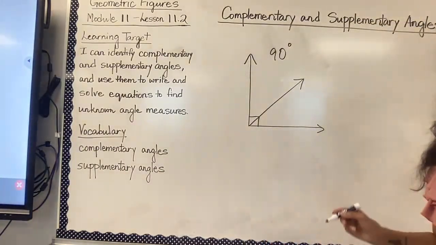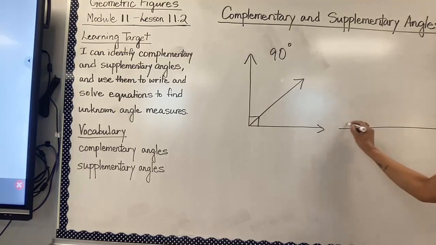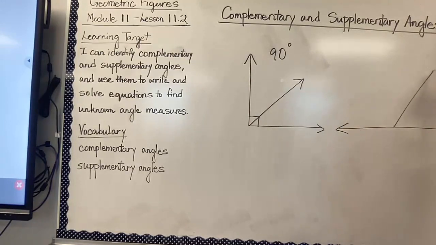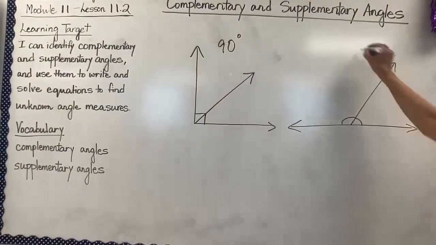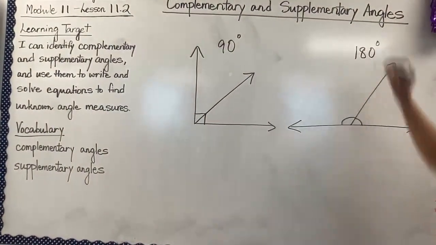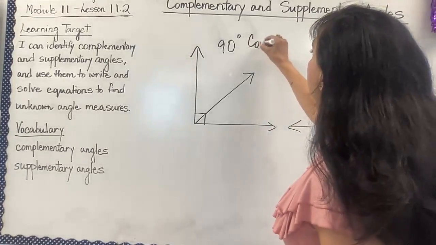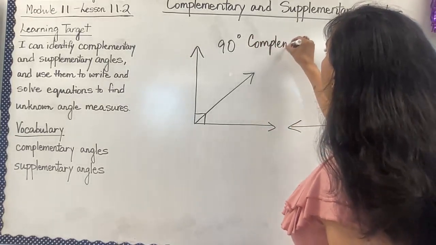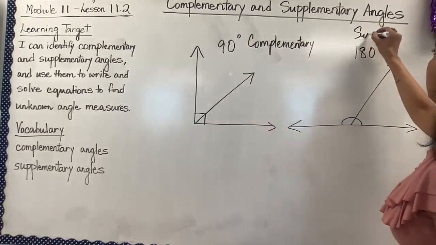And supplementary would be where the sum of two angles is going to equal 180 degrees. Okay, so that is the difference. So this is complementary and this one is supplementary.